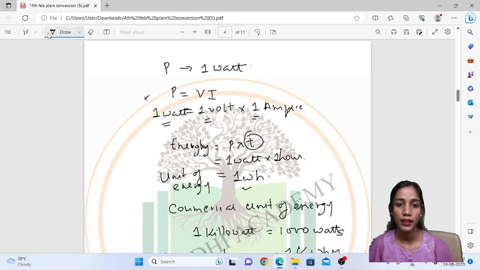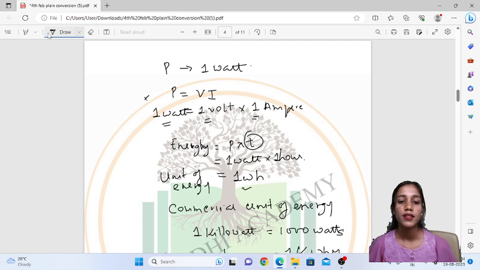The SI unit of power is watt. So what is watt? When the current flowing through the conductor is 1 ampere and the potential difference in the circuit is 1 volt, then the power consumed in the circuit will be 1 watt, okay.